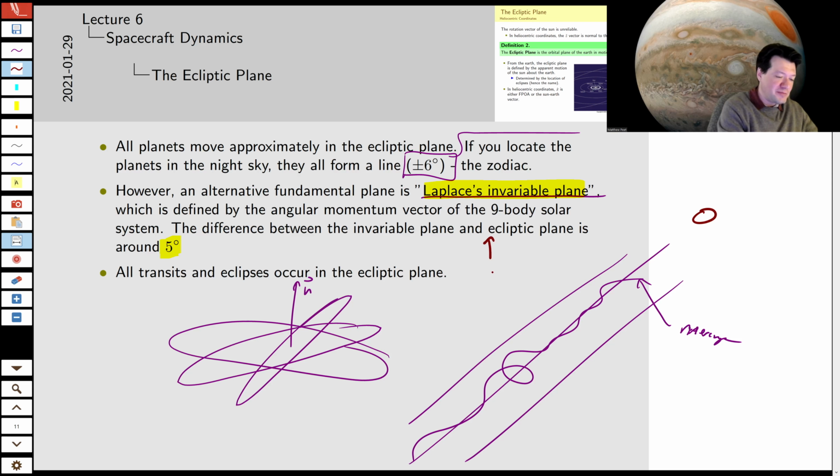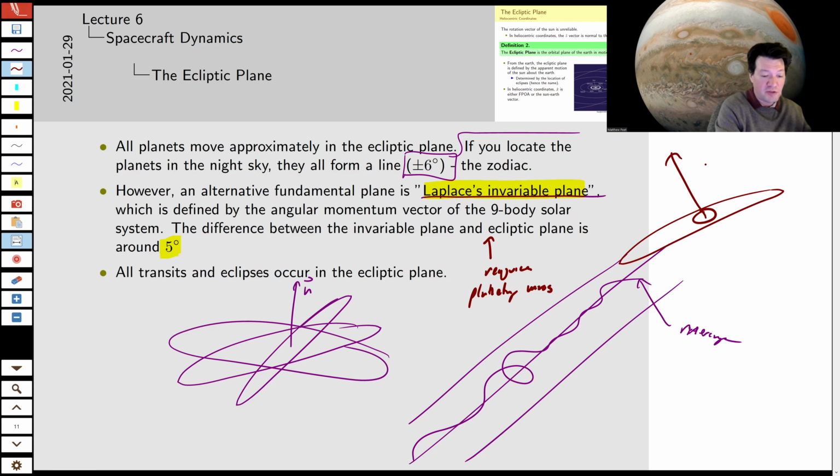So this requires the mass of the planets to determine. If we're coming up with this from scratch, in the olden days, it's much easier to observe the ecliptic plane and the rotation in the equatorial plane.